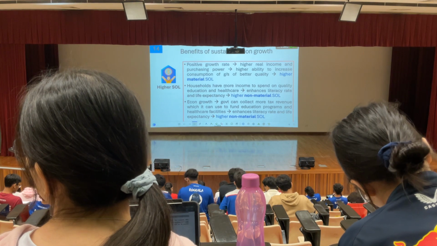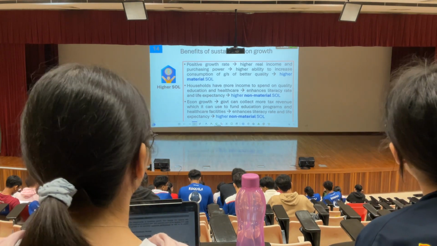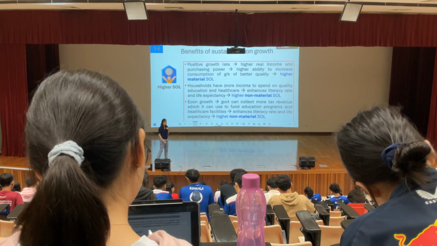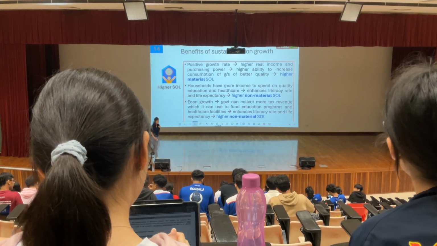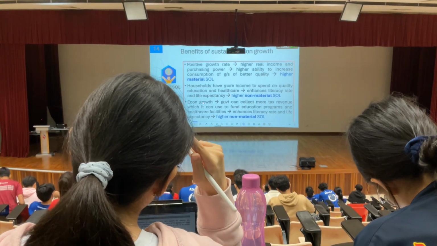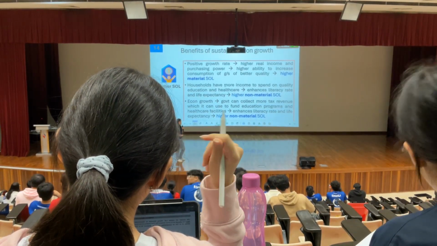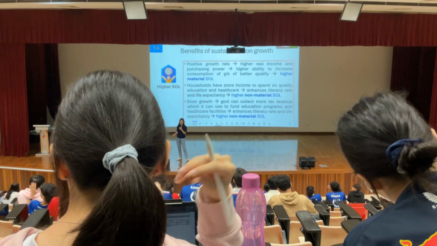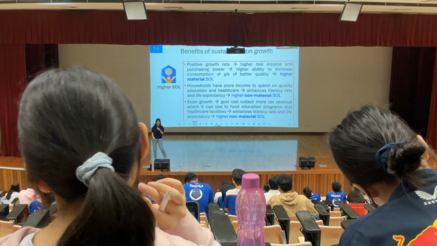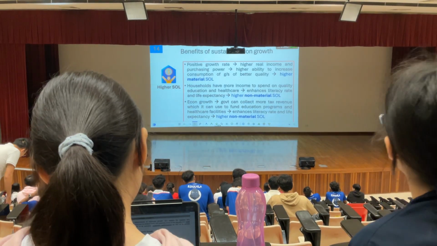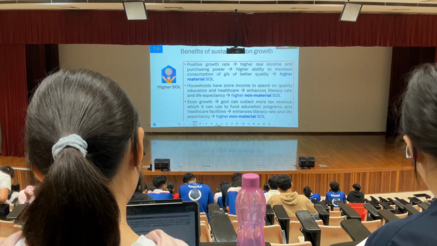Lastly, here, with economic growth, people are earning higher income, meaning you will have to pay higher income tax. Government can collect higher income tax revenue. Same thing. When you have economic growth, it means that your firms can earn more profits. Then the government can collect more corporate tax revenue. When the consumers have high income, they consume more goods and services, government can also collect more GST revenue.